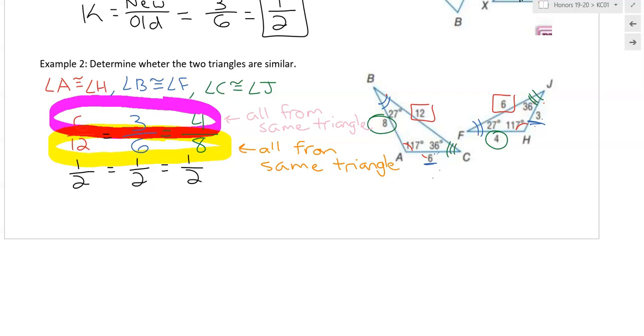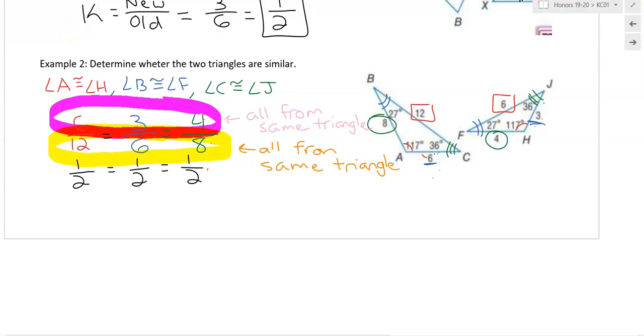Okay, so when you're setting up these proportions, you have to be very careful, because if you flip this, if you said, oh, 8 over 4, you'd get 2 here, and then it would look like they're not the same. Okay, so make sure that the numbers on the top are all from the same triangle, and the numbers from the bottom are all from the same triangle.